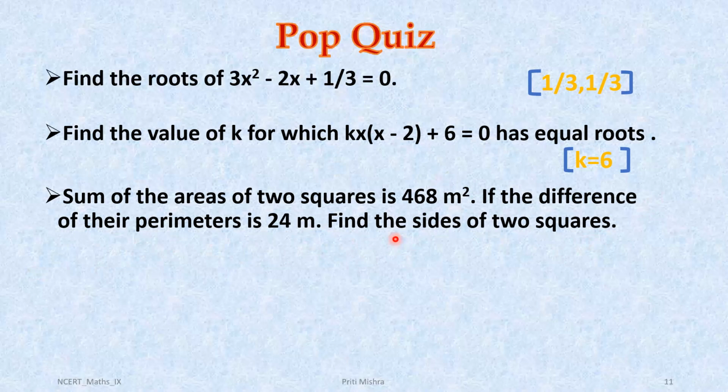So here at first you have to construct the equations, then you have to solve. Just use the formula of area and perimeter in order to frame the equations. Solve it quickly.